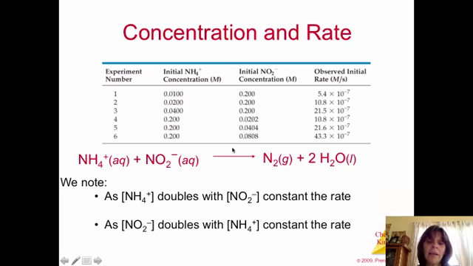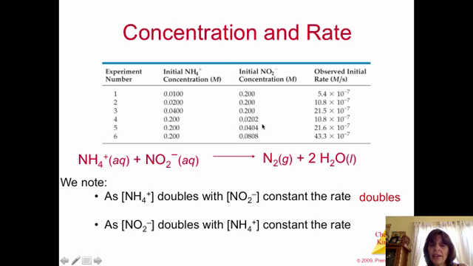So you can see, if you look closely at the data, when the ammonium was doubled, the rate doubled, from 5.4 times 10 to the -7th to 10.8 times 10 to the -7th. And then if you look at 0.02 to 0.04, again, it doubled again. So it's a consistent doubling with the doubling of the ammonium concentration.